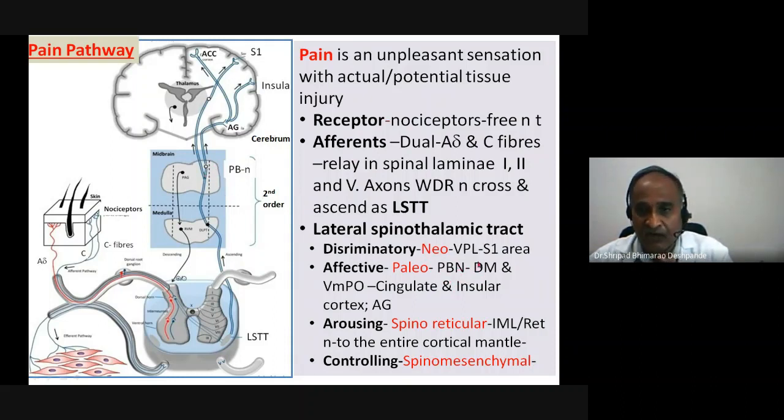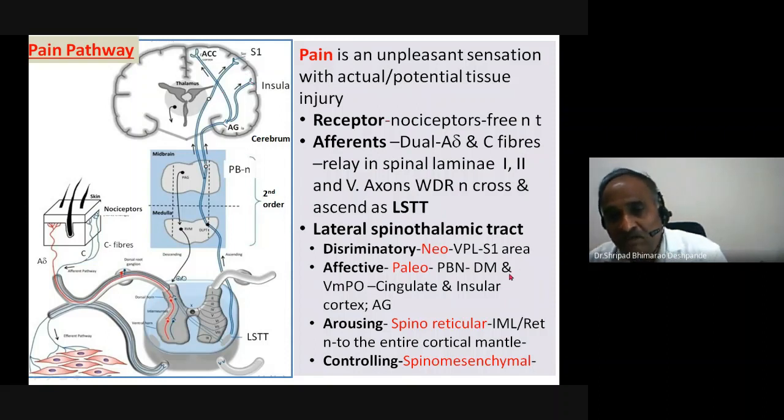The dorsomedial nucleus of the thalamus projects to the anterior cingulate cortex. The ventromedian posterior nucleus projects to the insular cortex. In addition, the parabrachial nucleus projects to the amygdala, which in turn projects to the anterior cingulate cortex and the insular cortex.